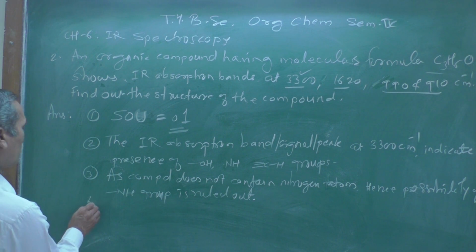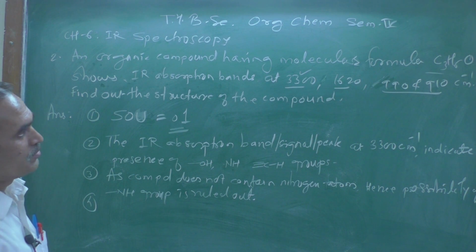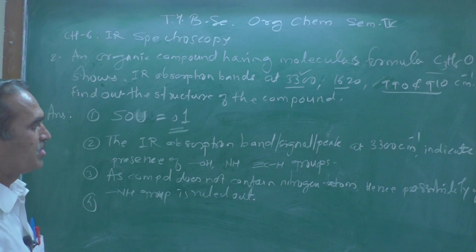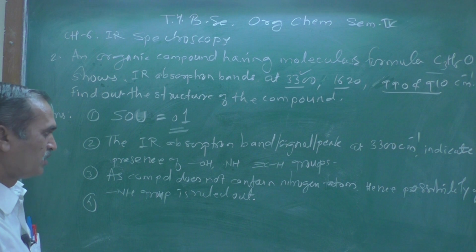Now the fourth point. What we calculated, sites of unsaturation, is 1.